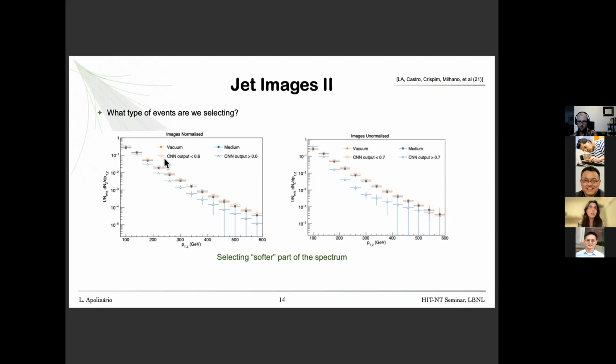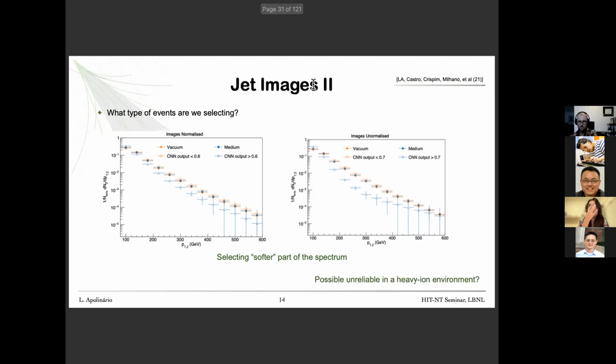So the jets in which the jet didn't undergo much jet quenching, the neural network hopefully will classify as vacuum, and because of that will distort the resulting spectrum of Z bosons for the medium sample. And this is exactly what we see here. Despite the differences, both of them are selecting a soft part of the Z boson spectrum.